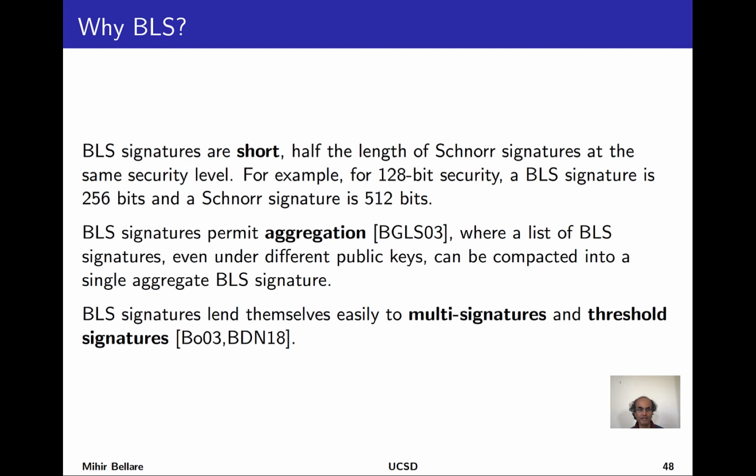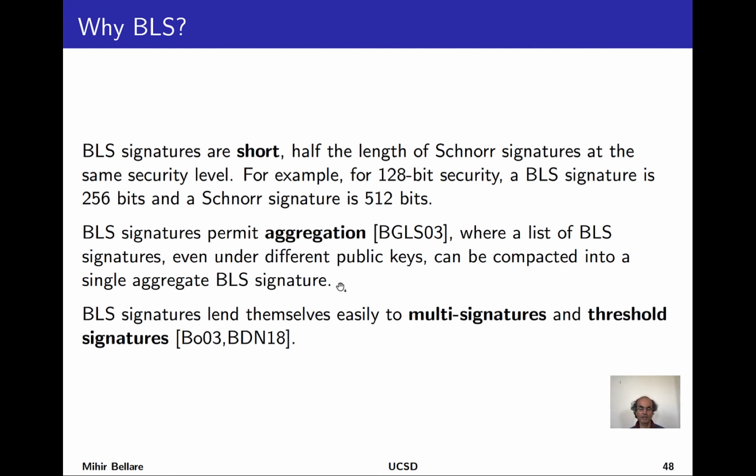Another nice property is that BLS signatures permit what's called aggregation. Here you imagine that many signatures have been created on many different messages, possibly even under different public verification keys. But BLS allows you to compact all of those signatures into a single representative aggregate signature, which is as short and has the same size as one BLS signature.